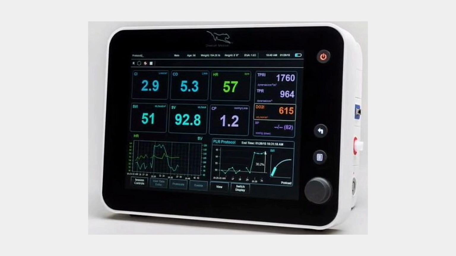And as seen here, what this device also does is that it constructs a Starling curve seen at the bottom here based on multiple cardiac output or stroke volume measurements, and response to passive leg raise as seen by the PLR protocol or fluid bolus can be measured accordingly.